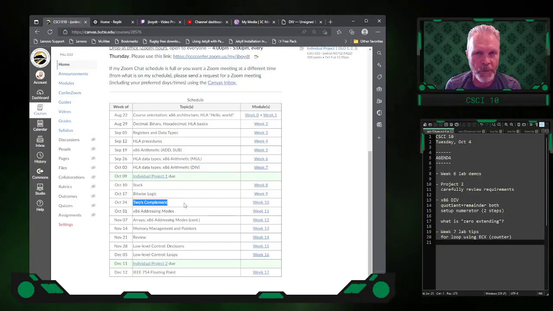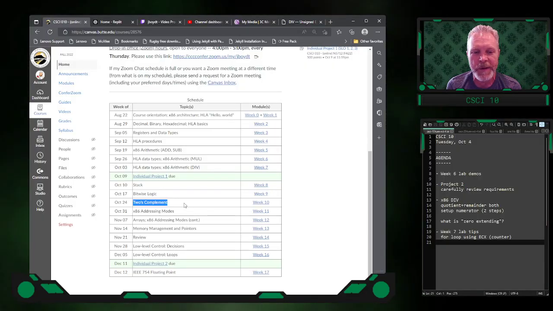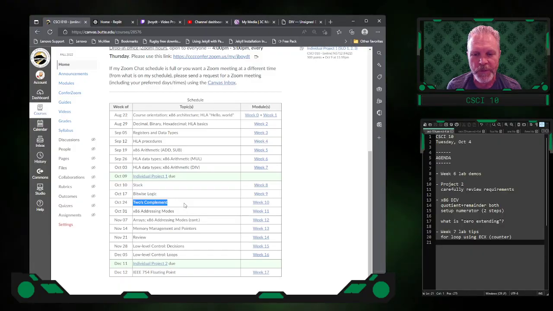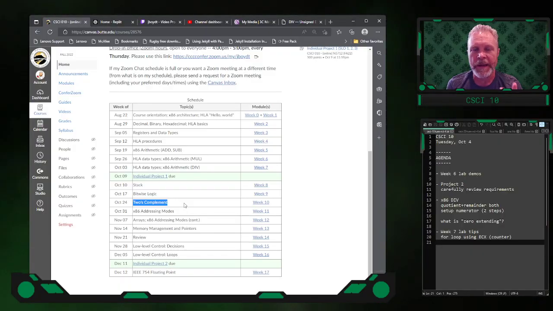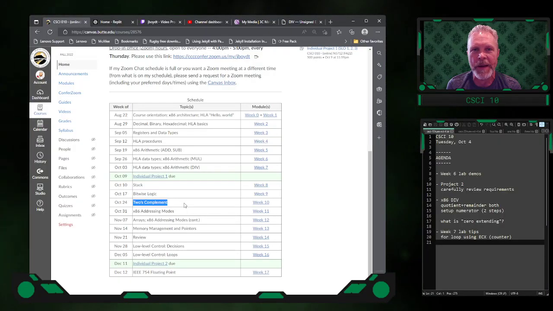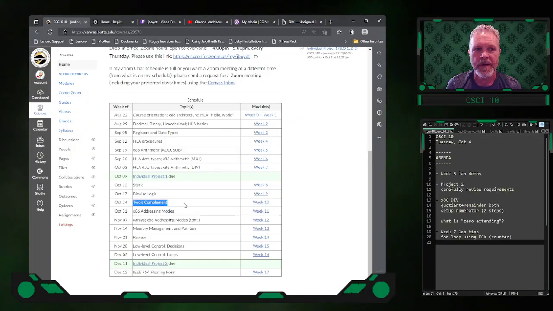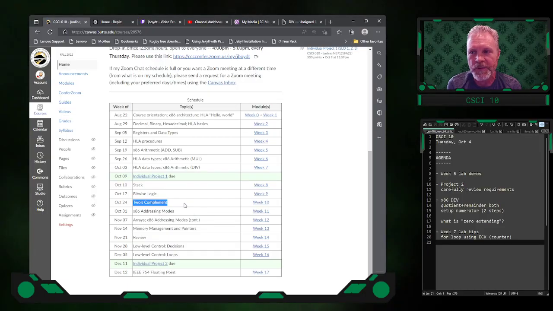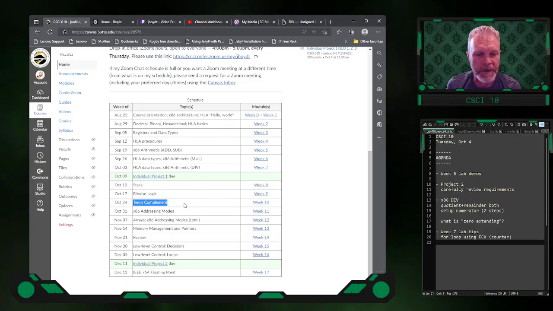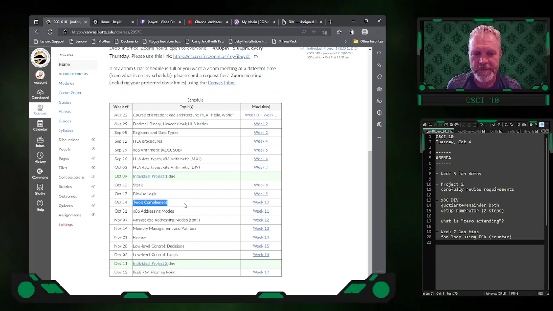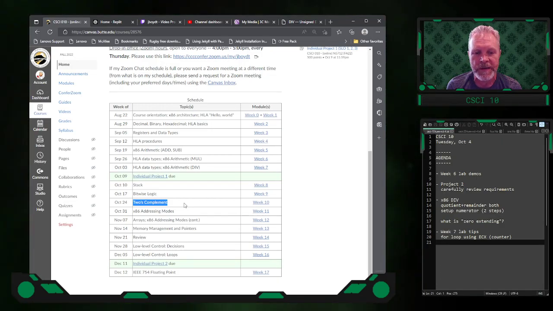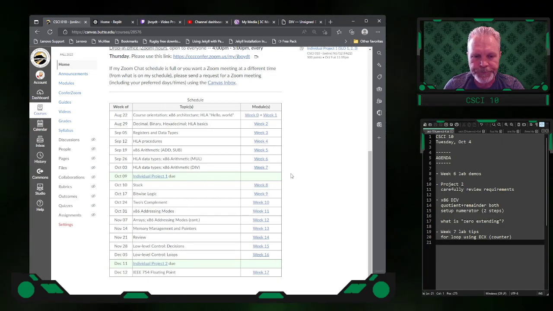We will not deal with any possibility of negative numbers before the week of October 24th. Some of you are beginning to explore that space and think about the ranges of values and what it means, the range of an unsigned 8-bit integer, for example, versus a signed 8-bit integer. But we'll dig in hard on those things the week of October 24.